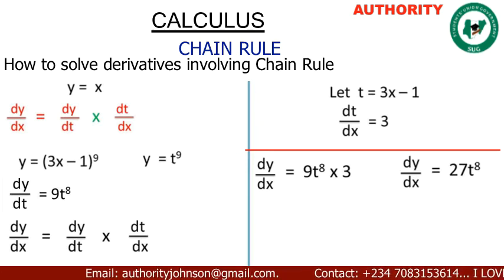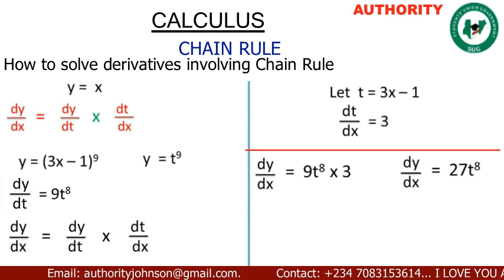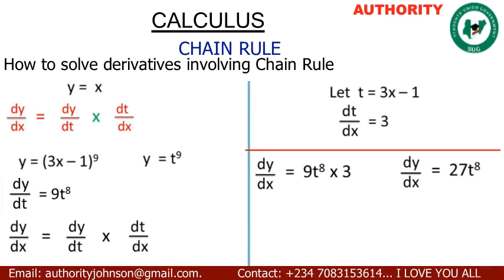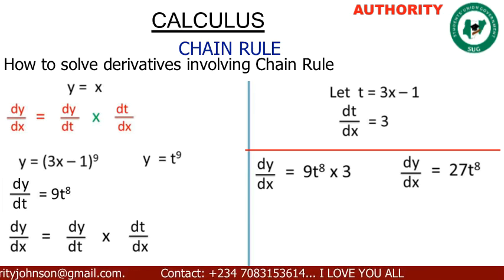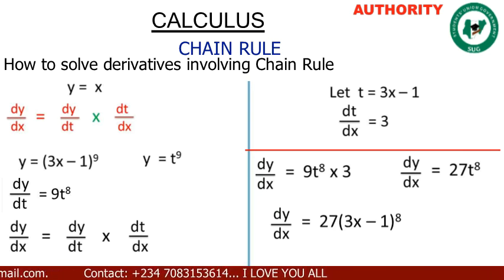But you remember that our t is 3x minus 1. Let's replace it. So we are going to have dy over dx is equal to 27 (3x minus 1) raised to power 8.